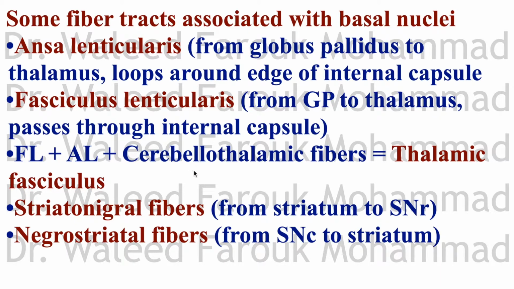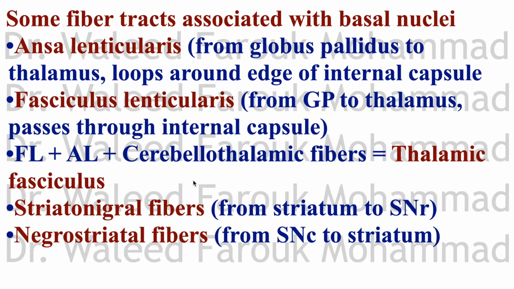It's part of the thalamic fasciculus and, instead of looping around the edge of the internal capsule, it passes through the internal capsule. Together with the ansa lenticularis and the cerebellothalamic fibers, these are called the thalamic fasciculus.